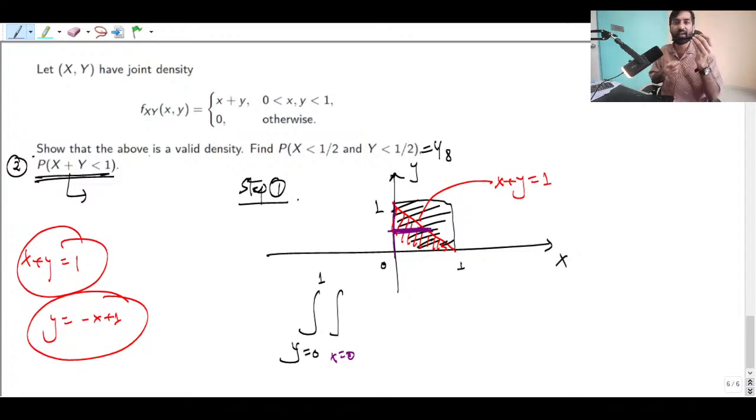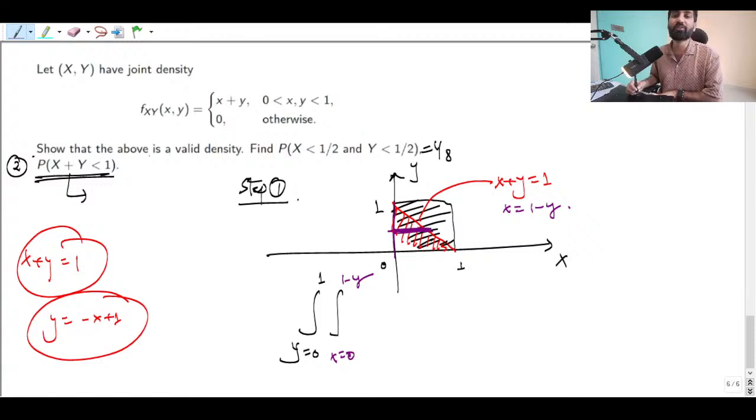If it is touching the y axis, on the y axis x is always 0. But at this end of the strip, what is it touching? It is touching the straight line, where x is going to be, what is x here? That is going to be 1 minus y, right? So you can say that this is 1 minus y.